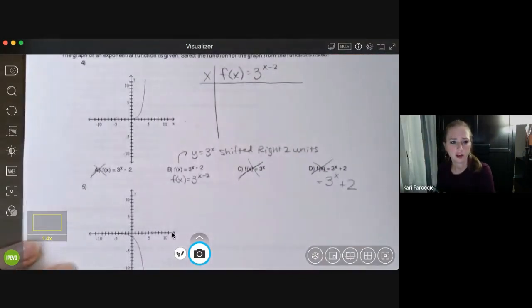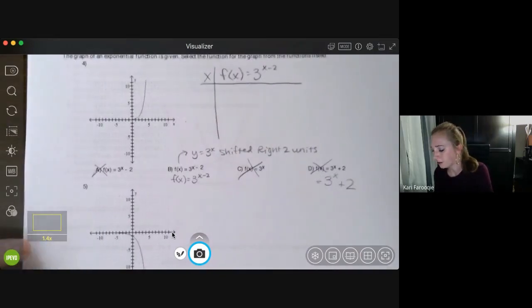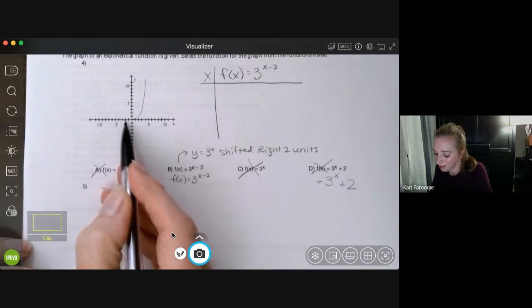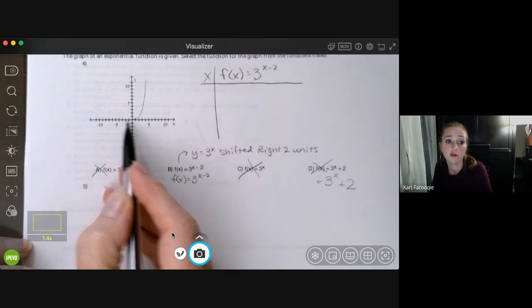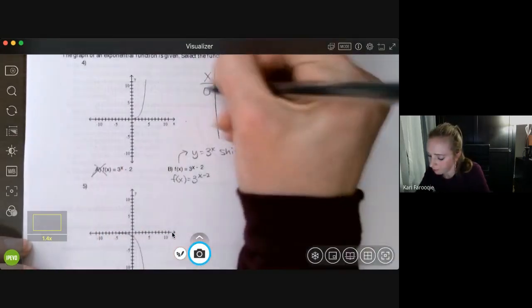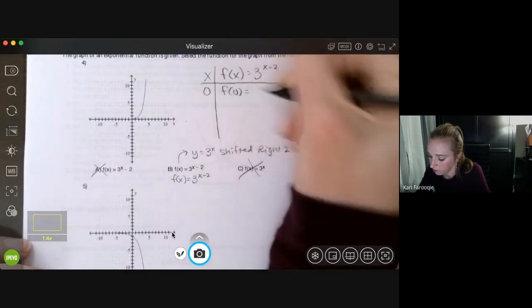But let's just look at a couple values and make sure that they're there. It might not be that helpful in this case to start at x equals -2, because that number would be so super small that it's really hard to see. If you wanted to, I would maybe start at x equals 0 and find f of 0.